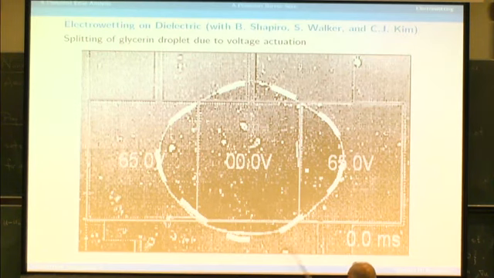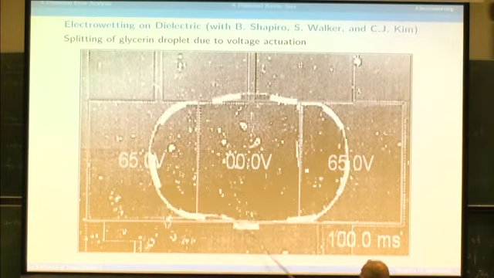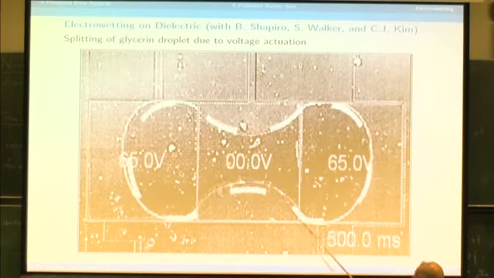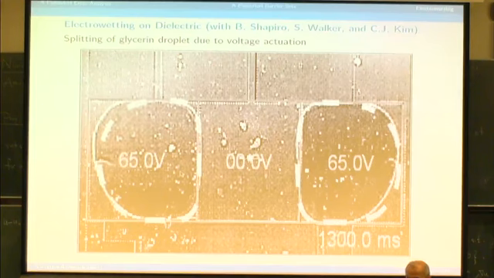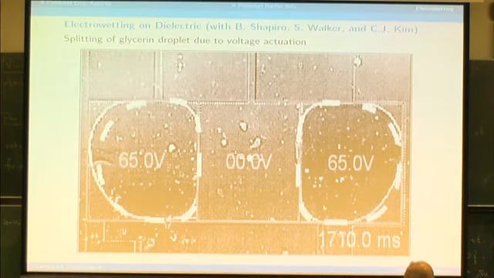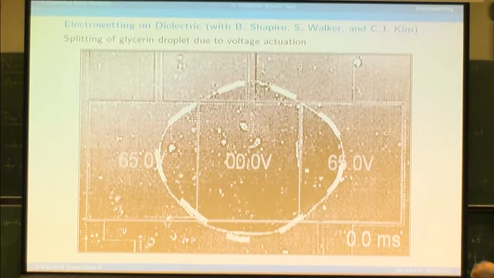Here you have a situation where you have voltages very large on the two electrodes on the sides and small in the middle. And as you see, that pushes the drop apart, and eventually there is a topological change. So I will say more about this type of flows next lecture tomorrow.